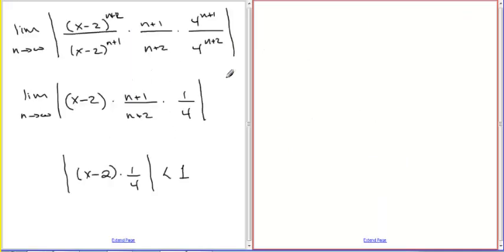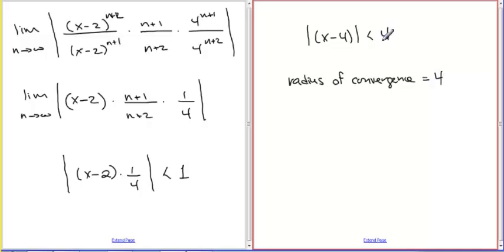So we multiply both sides by 4. So my radius of convergence equals 4. It's that number.